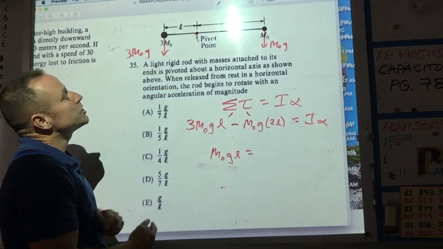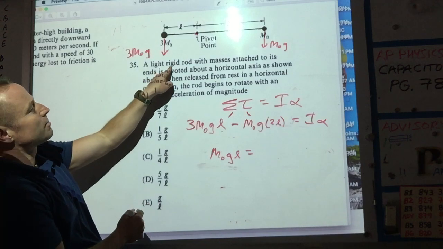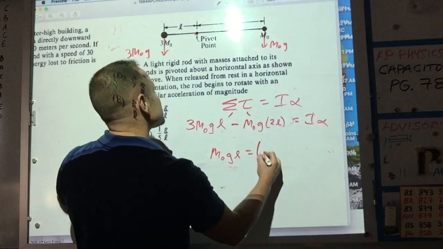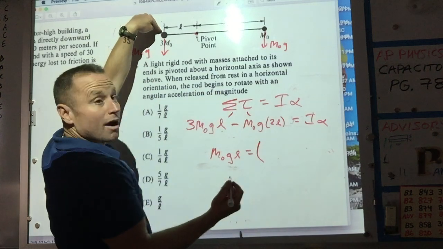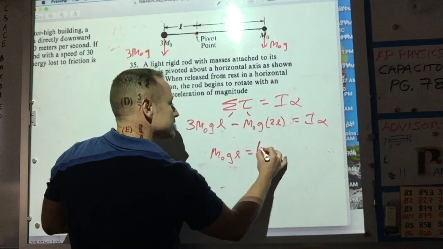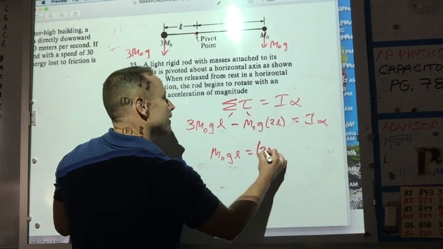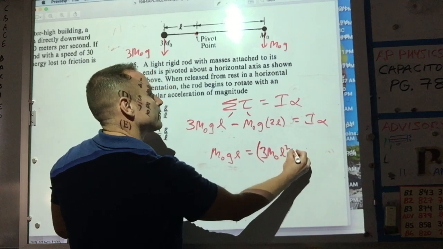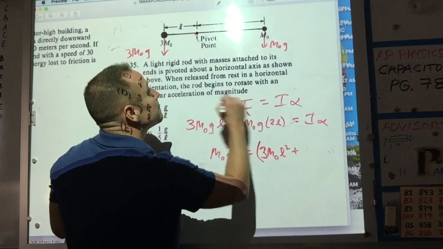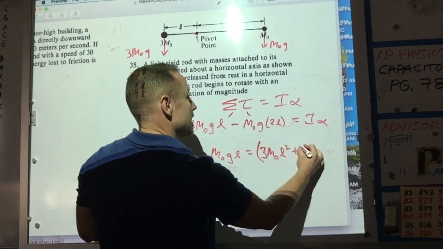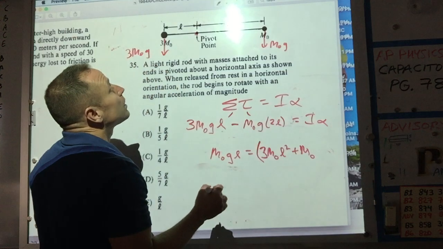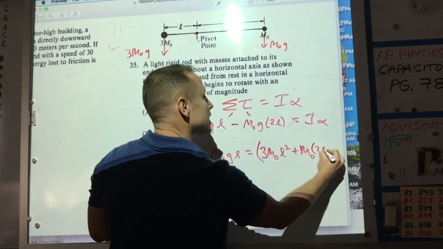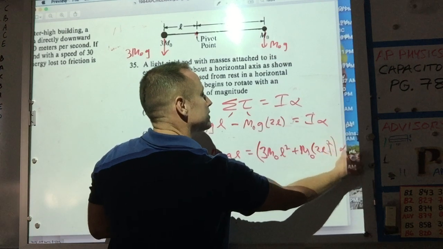Well, the moment of inertia: it's a light rigid rod, so we ignore the rod and just do the point masses. It's mr squared for each mass. So this mass is 3m naught, and the distance that goes with it is L squared. And then we add to that mass m naught times the distance of 2L, the entire quantity squared, times alpha.